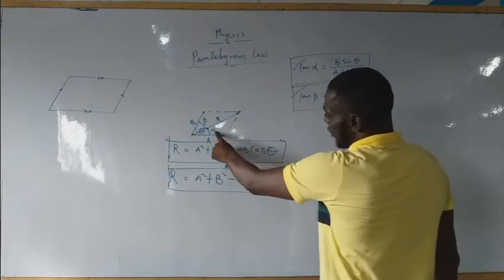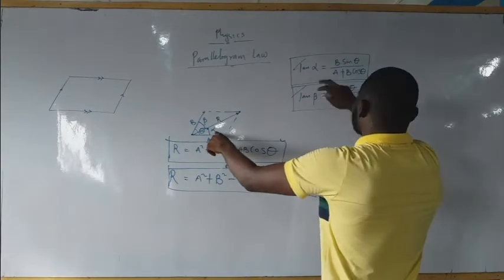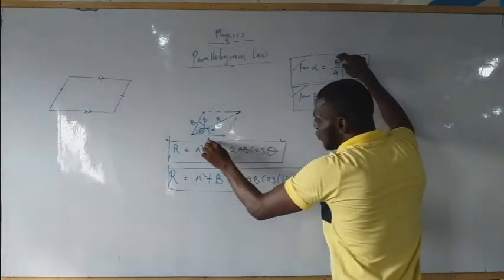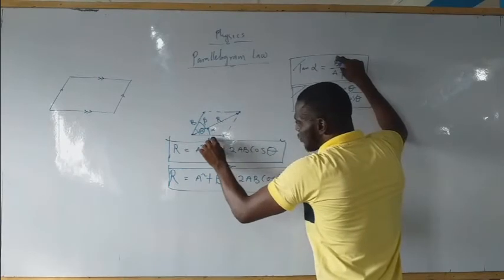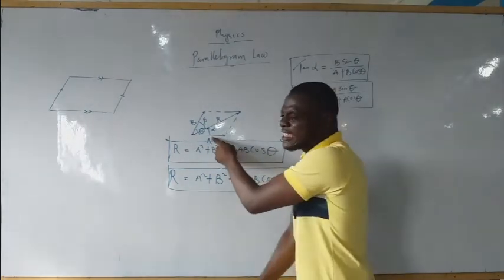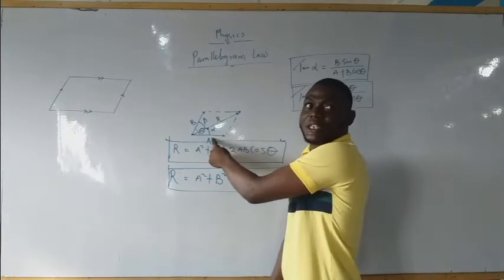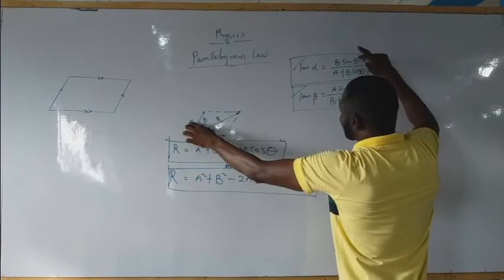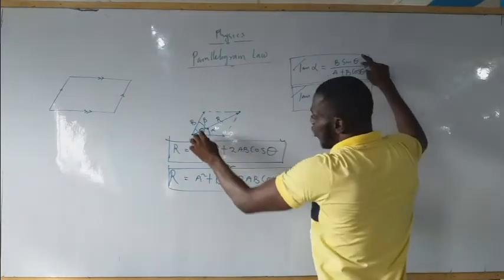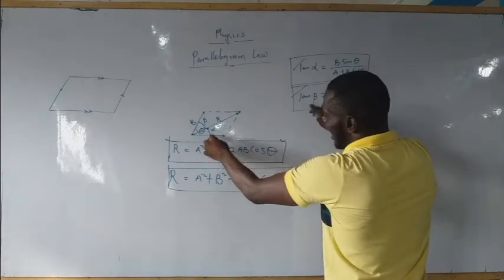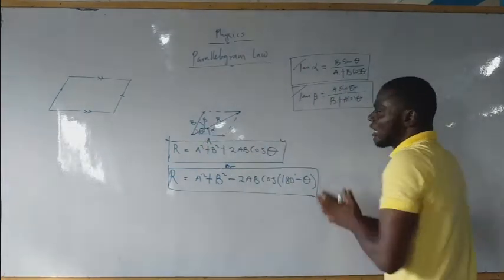Since what you are looking for is tan alpha, the angle between vector A and the resultant, it means we have no business with the magnitude of A. So what you just pick will be b sine theta over a plus b cos theta.